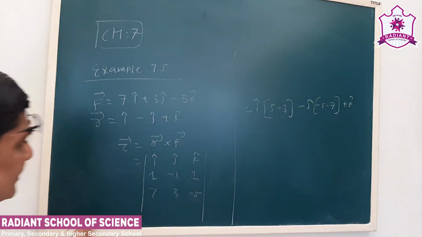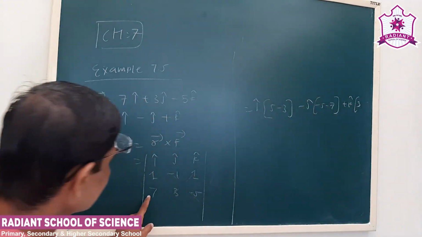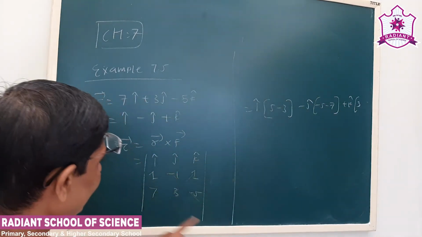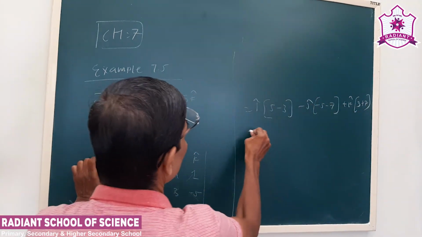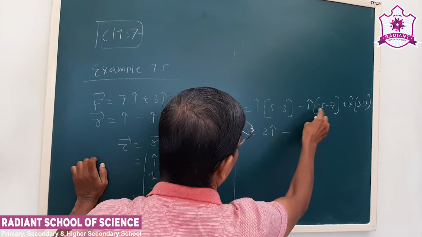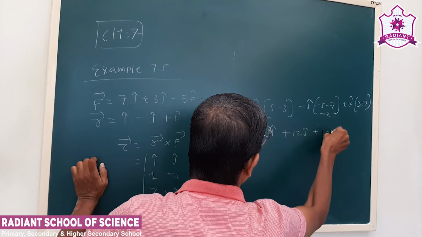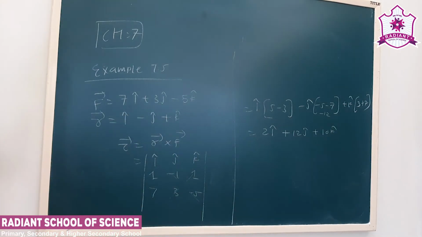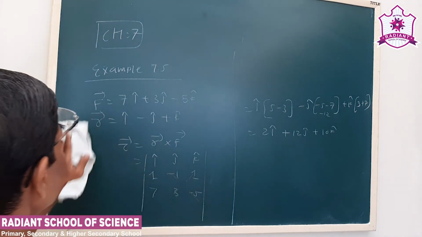K caret, so it will be 3, and here negative 7, but if I subtract, minus minus will become plus. So it will be 2i, minus 12, that will make plus 12j caret plus 10. This is how we can calculate the torque acting on a particle which has a position vector r and f. Now next is our example number 7.6.